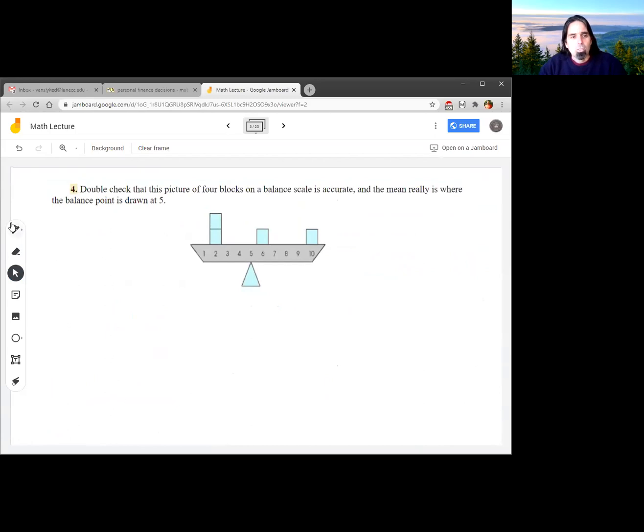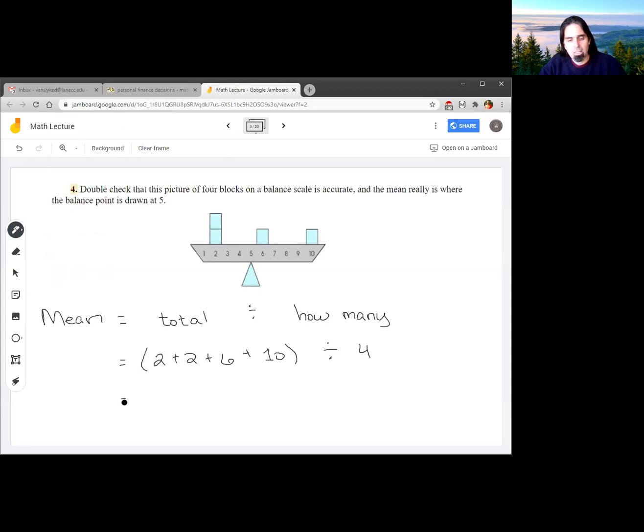So how about these objects? We have the mean is the total divided by how many. So our total is, well, we have 2 on 2, 2 plus 2. We have a 6, and we have a 10. And there's 4 blocks on the balance beam.